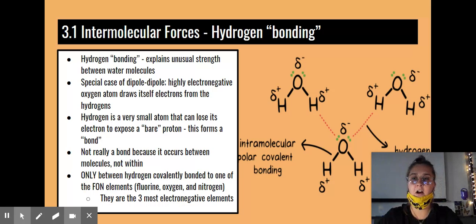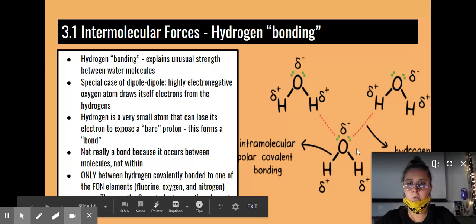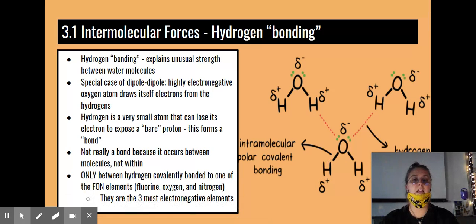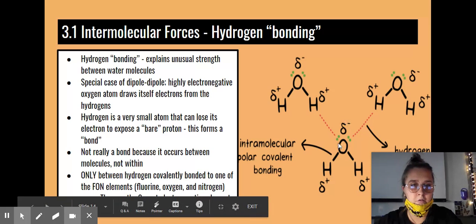Highly electronegative oxygen draws electrons from the hydrogens. So this actually causes hydrogen to expose a bare proton. So oxygen can actually draw hydrogen's electrons towards it, giving it an overall negative charge.